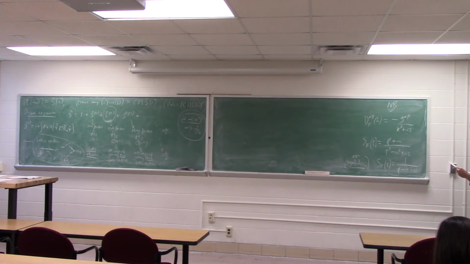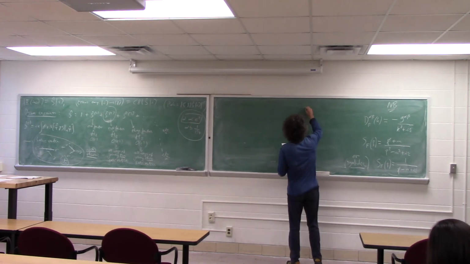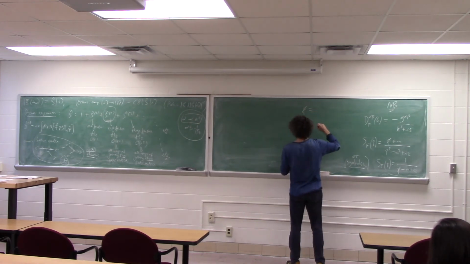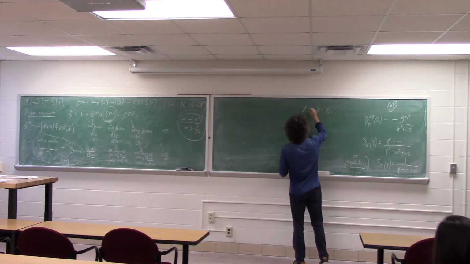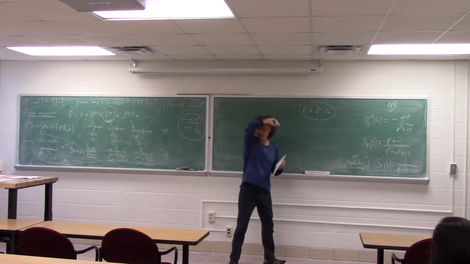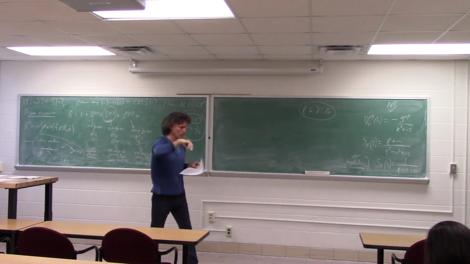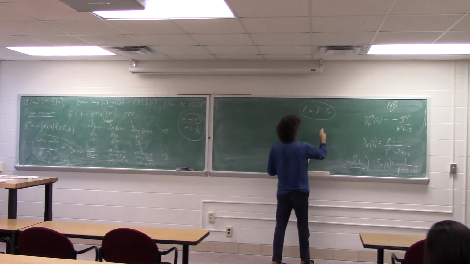So what the heck is that? Let me just explain. It's just a symbolic shorthand. Just to remind you, what is p slash? P slash is gamma mu p mu. It's just a shorthand for the contraction of the gamma matrix with the 4-vector.